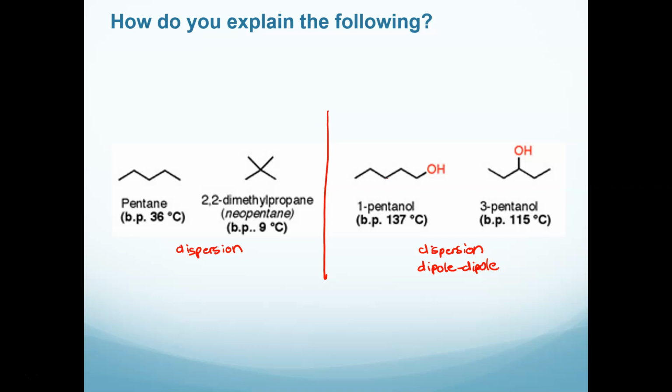And then it becomes about the shape of the molecule. This one is a long linear chain, and this molecule has some branching. Remember we talked about surface area? This one has a lot more surface area, or more points of contact, which means stronger intermolecular forces, so it takes more energy in the form of heat to pull those molecules apart, which means a higher boiling point.